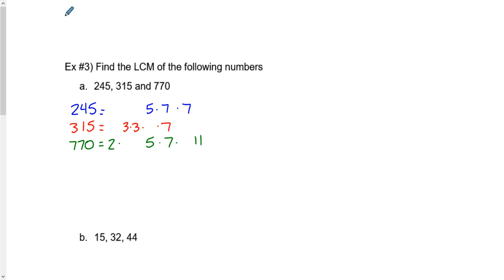Instead of us doing, okay, 245, then 490, then 735, so on and so forth, trying to figure out what is the lowest number that all of these go into, there's a quicker way. And it also comes into effect of how I have this set up. Oh, sorry, there should be another 5 here.